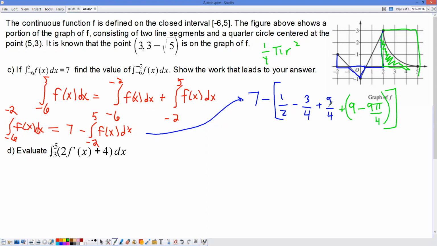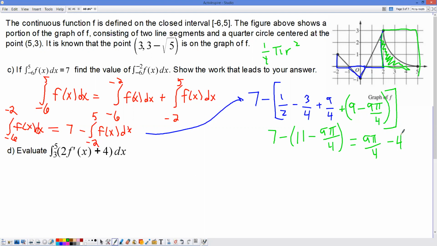That's 2. So we got 2 plus 9 is 11 minus 9 pi over 4. So 7 minus (11 minus 9 pi over 4) gives us a positive 9 pi over 4 and minus 4.